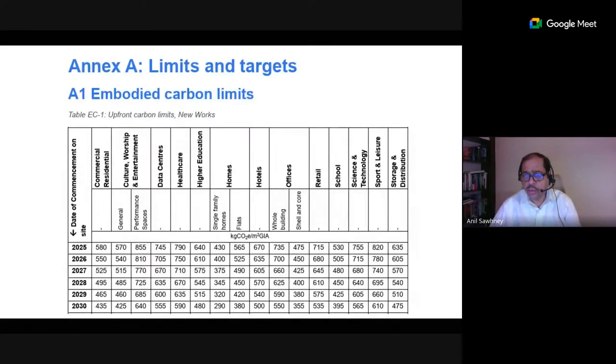So these are your EC1 limits, as they call them, the embodied carbon limits. These are upfront carbon limits for new works. So you are going to be basically using this, and the unit is kilograms of carbon dioxide equivalent per square meter of gross internal area, or GIA.